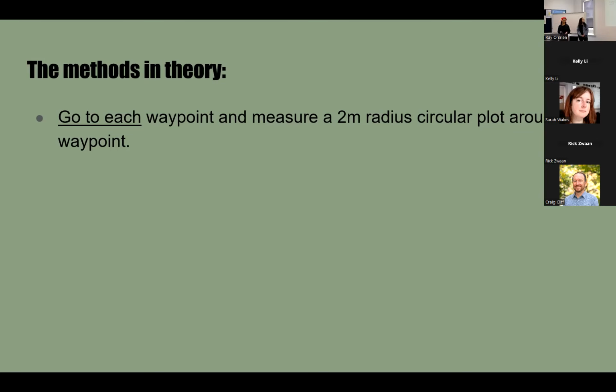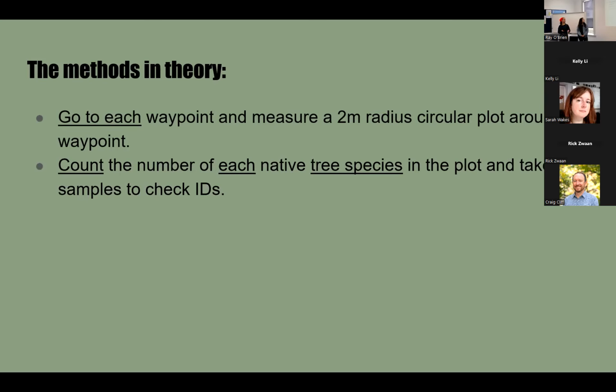When we got there, we would throw a marker down to mark the middle, and we'd put 2 meters all around. Within that 2 meters, we would count the number of native trees, and we would take samples, because we would identify them. We'd say, oh, there's 3 Manuka here, there's 3 Matagauri or whatever. And then we'd take IDs so that they could double check that we had identified them correctly.